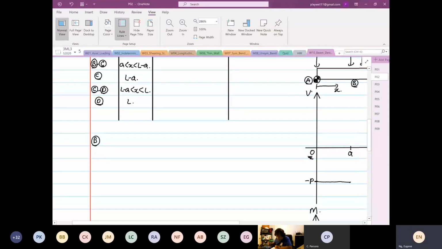So at point B, x is equal to a. So when you see x is equal to a specific value, okay, we are going to what? The constant will be calculated.